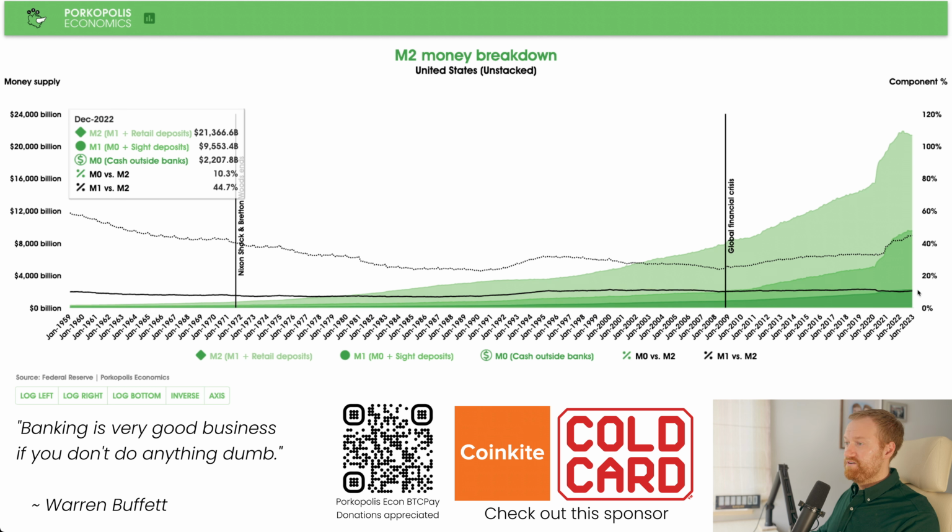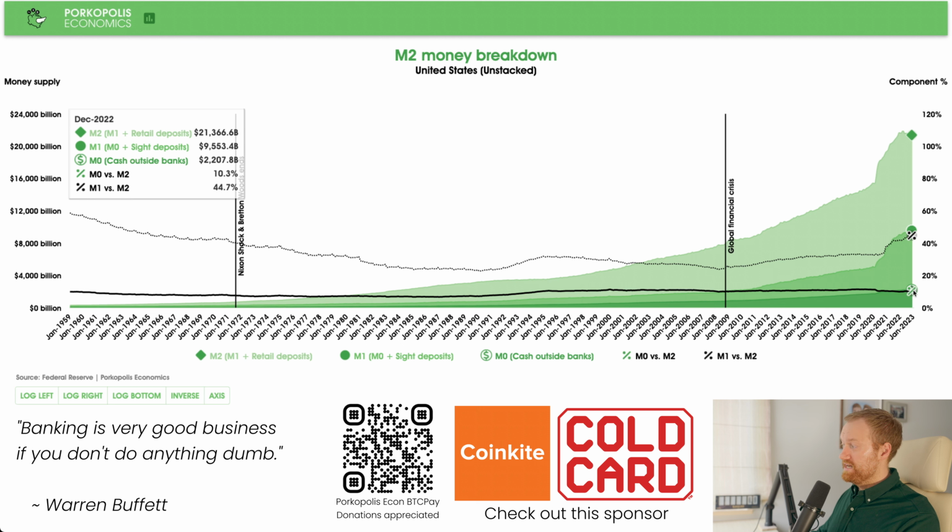Here we have 35% demand deposits out of the total monetary retail stack, which is represented by M2 in this chart. Roughly 35% is demand deposits.